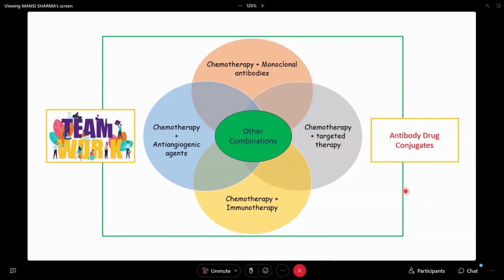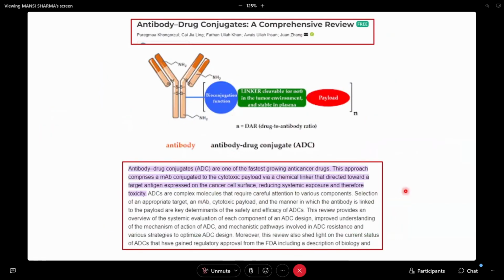I'm sure 5 years down the line, this is what we're looking at, which is the future. Now, what happens in antibody drug conjugates? Very shortly, there is a monoclonal antibody which binds to a specific target on the tumor cell, and that is attached to the drug, which is called the payload.